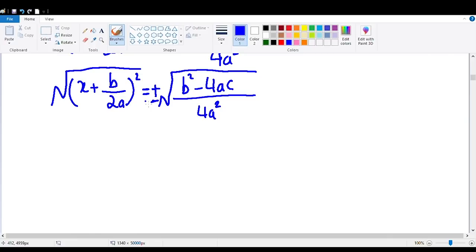For example, 3 squared and minus 3 squared both equal 9. It doesn't really matter whether the sign is minus or plus when you're taking a square, because when it gets squared, it's just multiplying with itself.